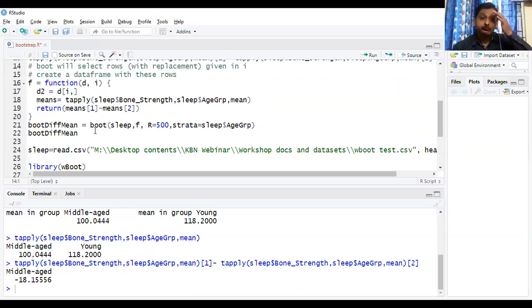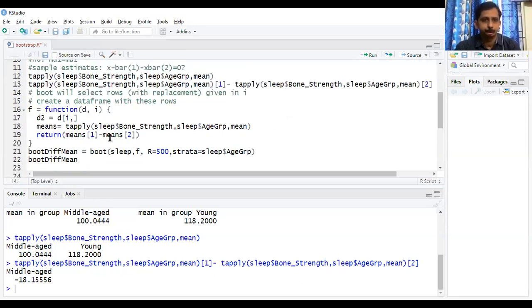Now, next we have to run the bootstraps. I mean, we have to define a function which will work for multiple bootstraps. In order to have this bootstrap function for comparing two-sample t-tests, we need to write a few lines of R where you define means.